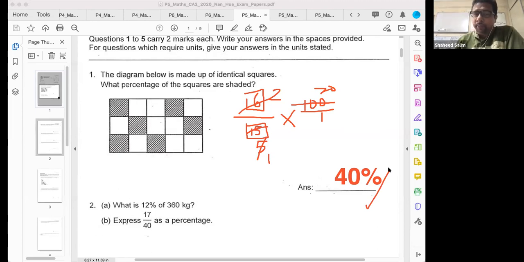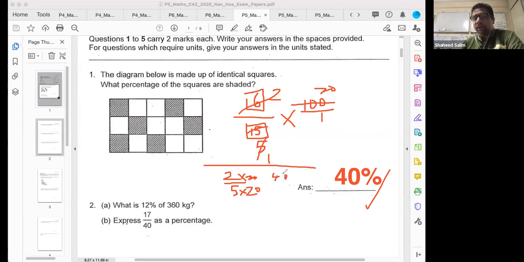Now this is one way. Some students prefer not to do it this way. Some say, I want to reduce to 2/5 first, and then I ask myself, what number do I times 5 by to make it 100? 5 times 20. So it's times 20, you get 40 over 100.